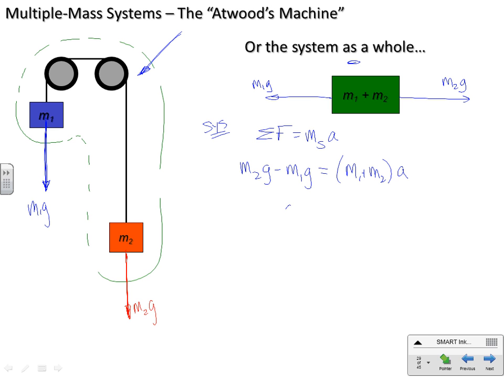So A is M2G minus M1G. Oh, wait a minute. I can factor out that G. So that's G times M2 minus M1 divided by M1 plus M2.